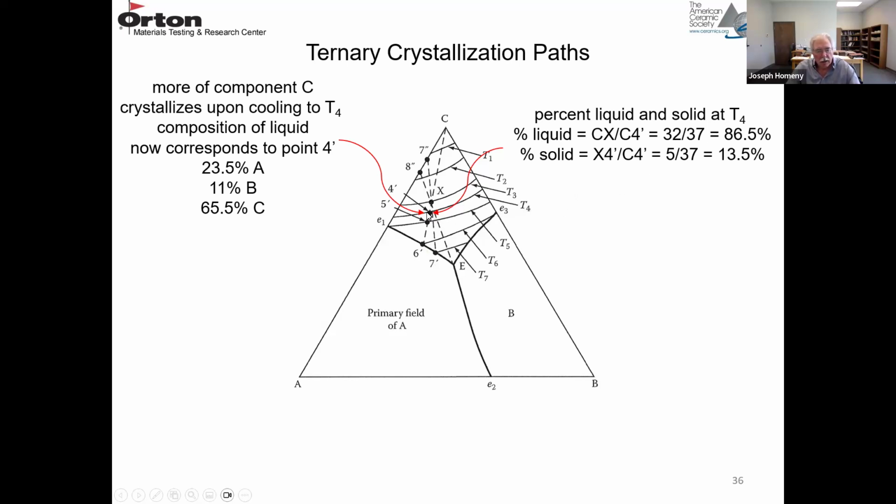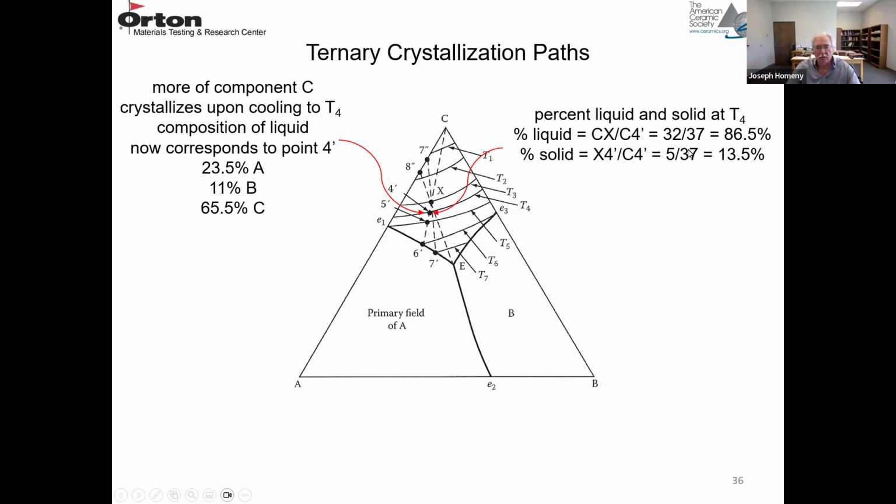We draw a tie line from C through X to this isotherm T4 at 4'. So the percent liquid is this CX, that portion of the tie line, divided by C 4'. And these are in the same percentage units as along the sides. So if you look at the percent, CX is 32%, C4' is 37%.